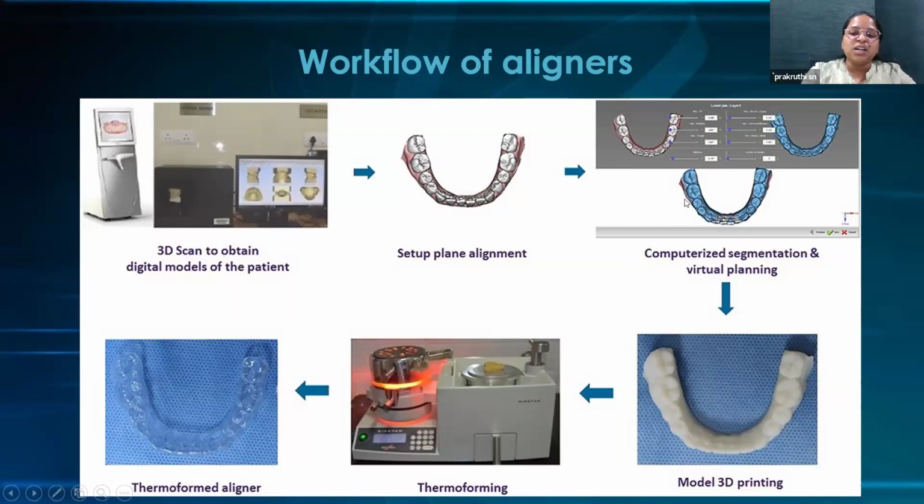So you can see here, after the planning has been done and you have the exported files, you can directly go ahead and print the aligners as such. Graphy company has come up with direct printed aligners that also have a property of shape memory. It is giving much more promising results compared to the present day sheets that we are using in the aligner industry.